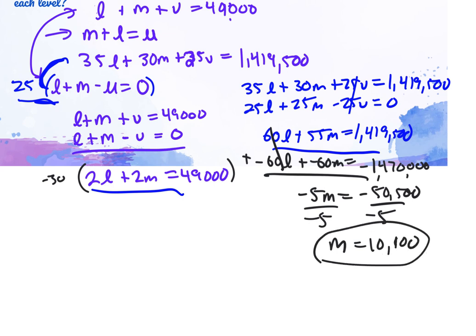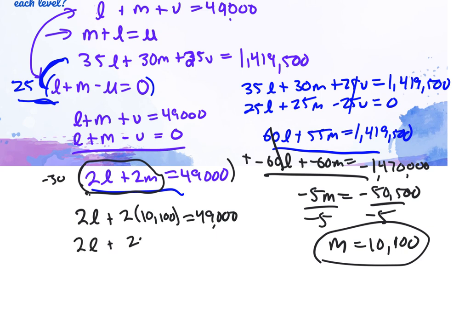All that means is that there are 10,100 middle level seats. Now I go all the way back to here. Twice the lower plus 2 times 10,100 equals 49,000. So 2L plus 20,200. 49,000 minus that, twice the L is going to be 28,800.